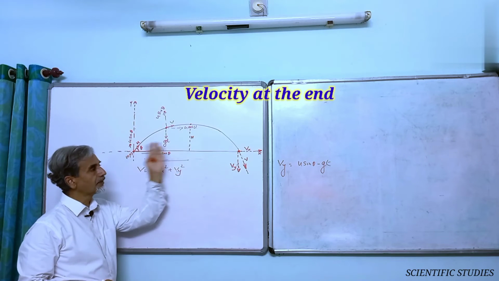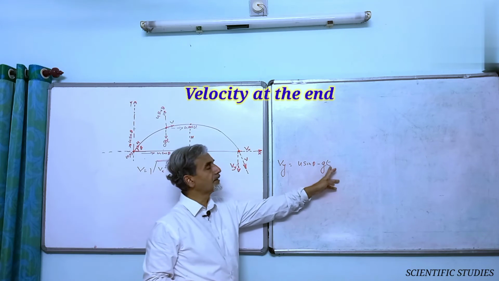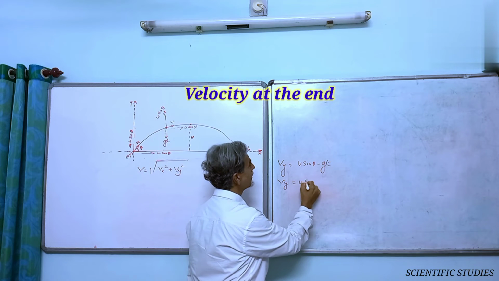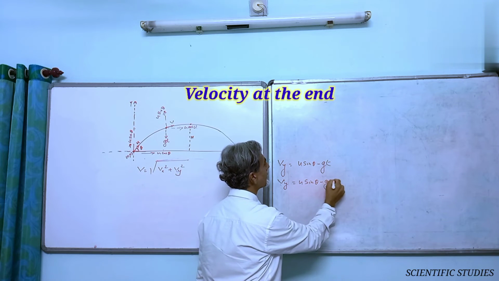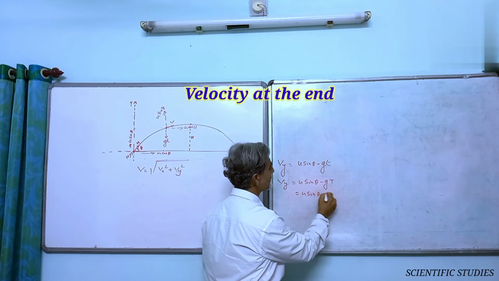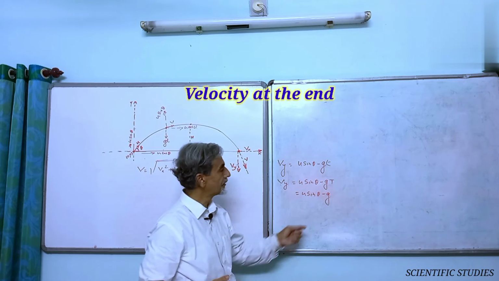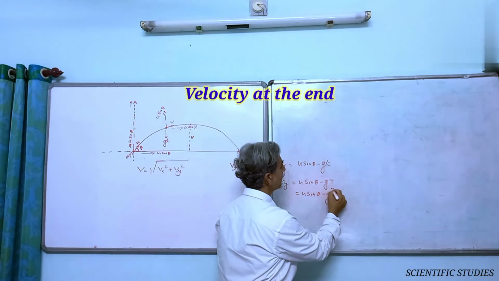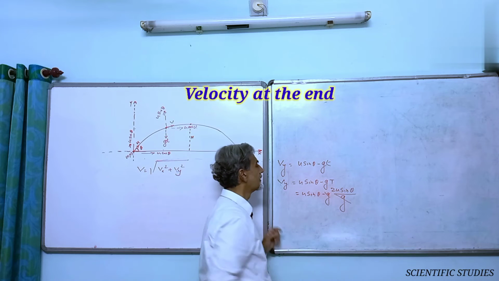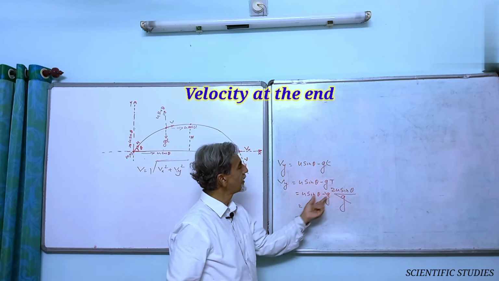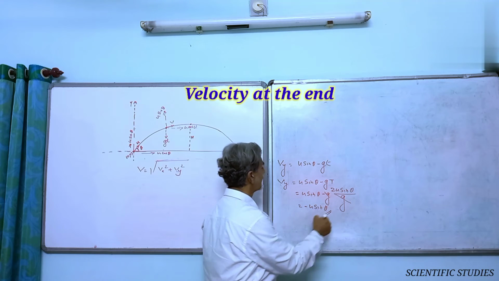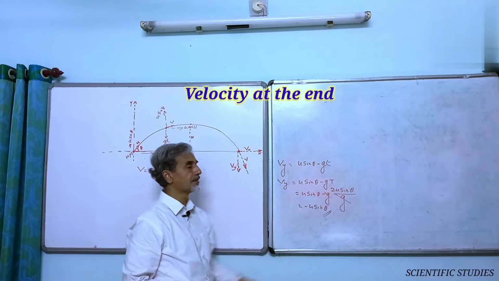And when the projectile completes its motion, the time taken t becomes capital T, the time of flight, that is Vy is equal to u sin theta minus g into capital T. That is again u sin theta minus g into, we know the time of flight T is equal to 2u sin theta by g. G cancelled. That is equal to u sin theta minus 2u sin theta, that means minus u sin theta. That is, the vertical component Vy is equal to minus u sin theta.